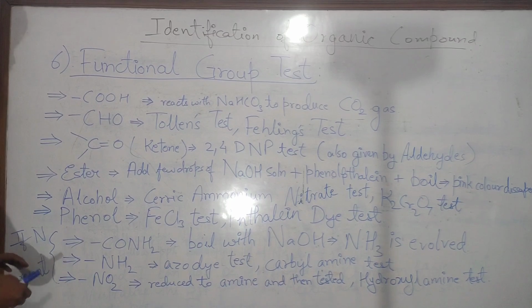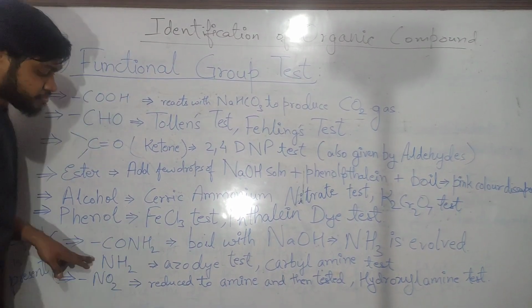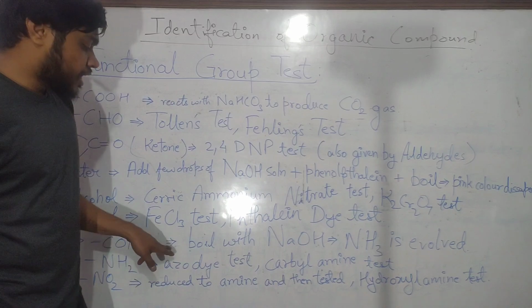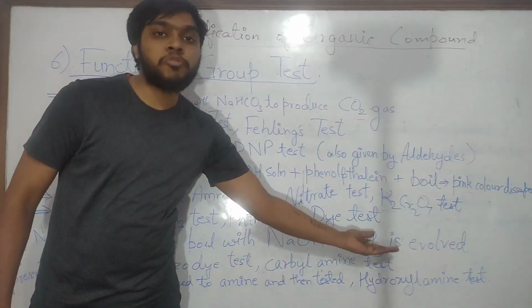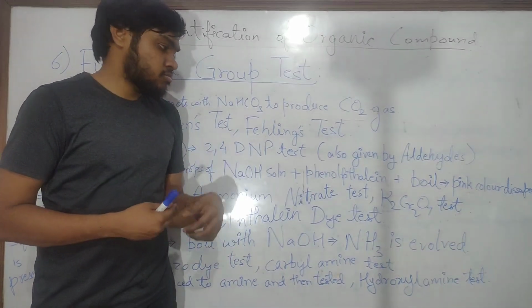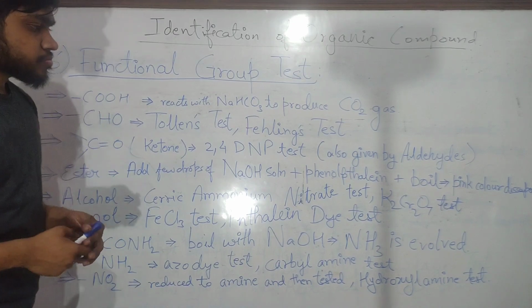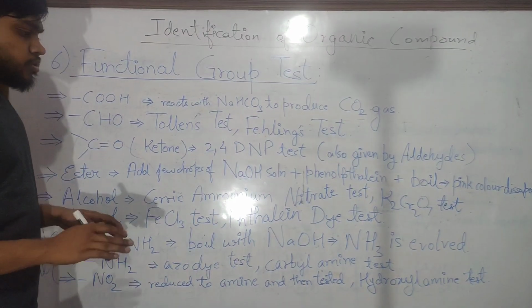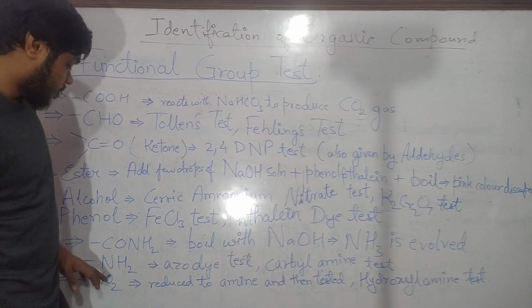Now suppose nitrogen is present, then we test for amide. For that, we boil the compound with sodium hydroxide solution, and if ammonia gas is evolved, which can be tested by its smell, litmus paper, or Nessler's reagent, then the amide group may be present.